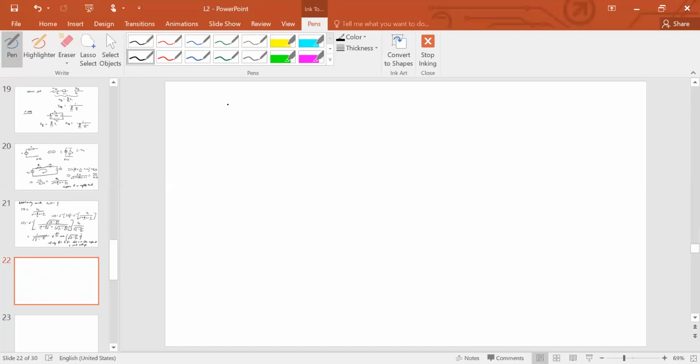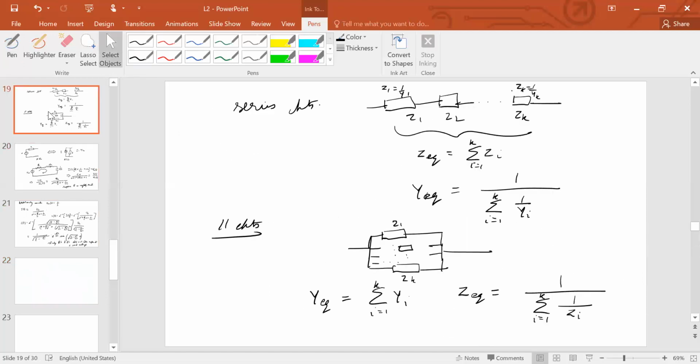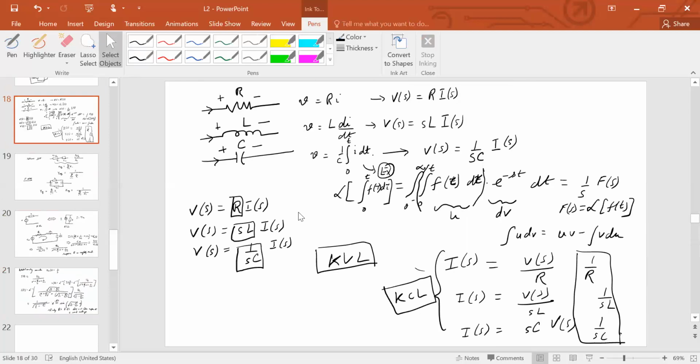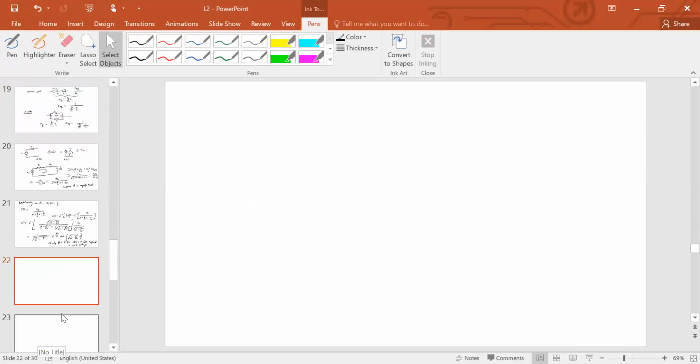And that's where you will see the merit of this Laplace transform method, because by considering each circuit element and replacing them by their equivalent impedances in the Laplace domain, the analysis becomes really smooth. Okay, it becomes really easy.